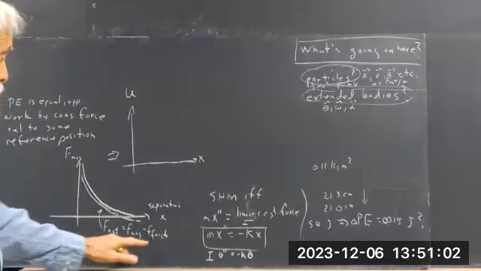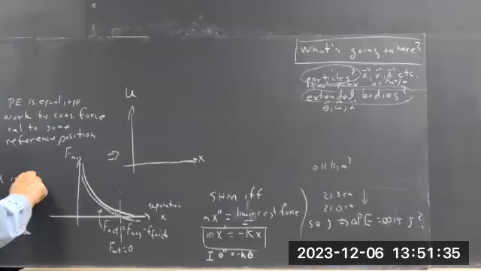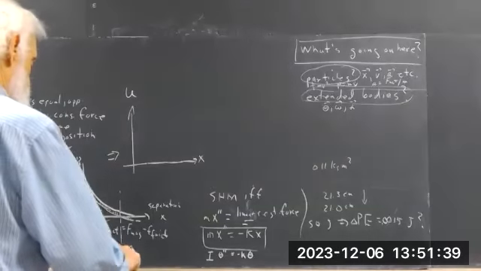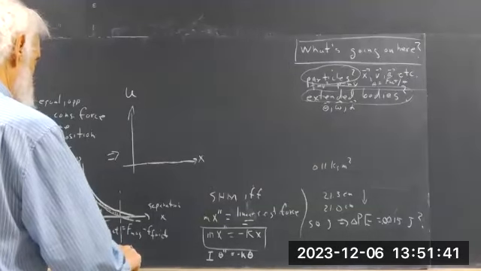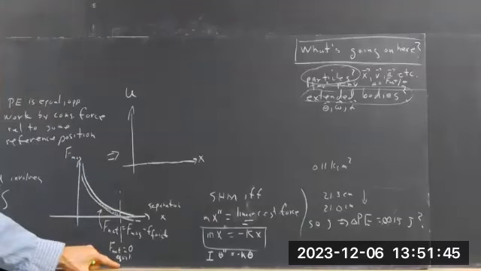And you just have to integrate. We can call this the equilibrium position. Maybe it's a stable, maybe it's an unstable equilibrium position.